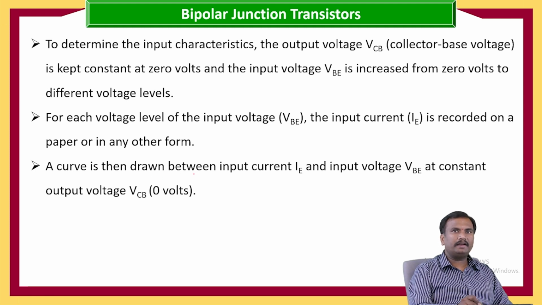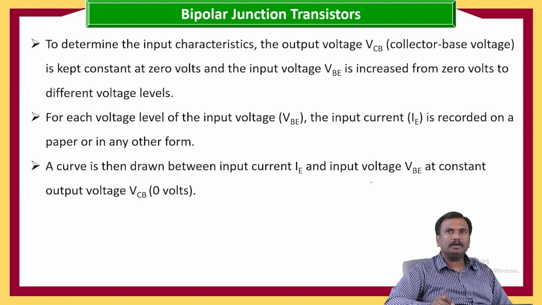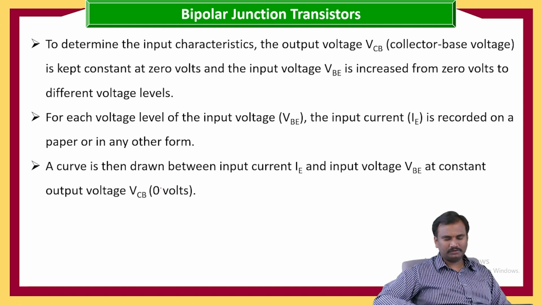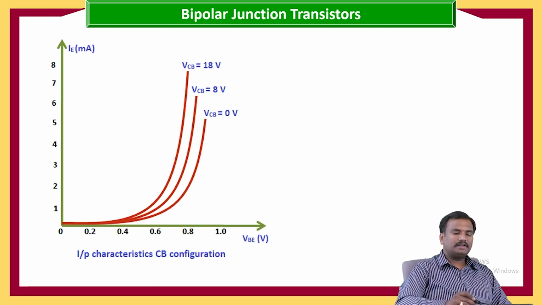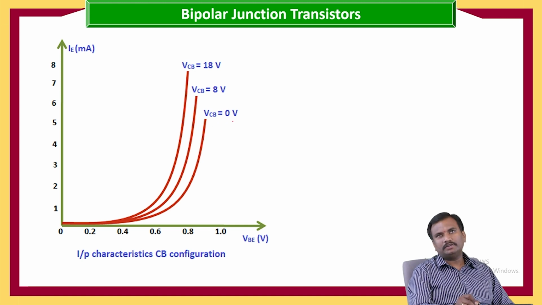A curve is then drawn between input current and input voltage at constant output voltage VCB of 0 volts. This is the curve which we are going to get, just like the diode characteristics.